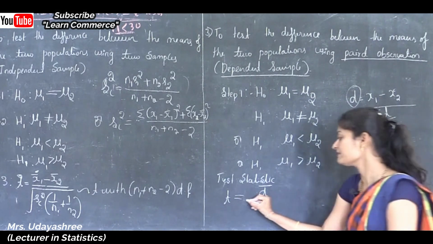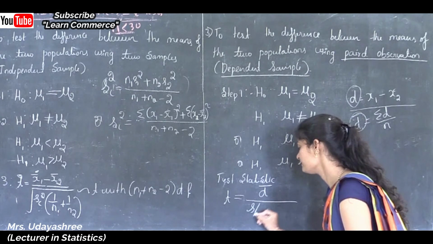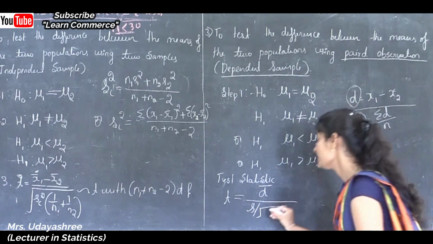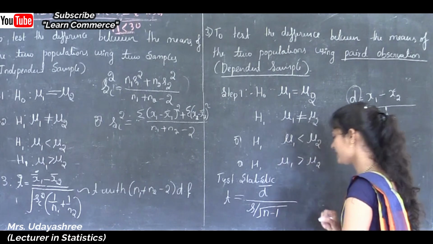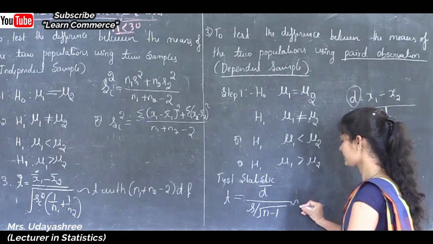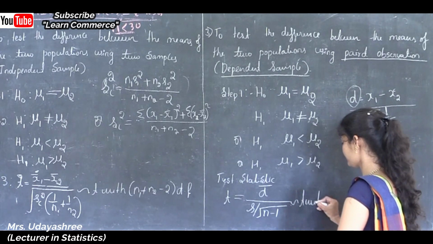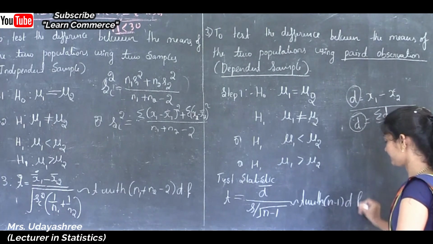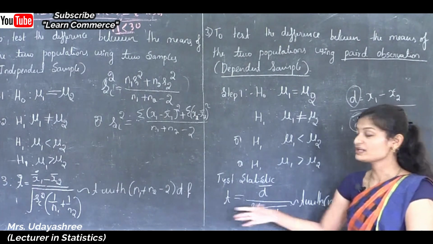So D bar divided by S divided by square root of n minus 1, since sample sizes are equal. It follows T with n minus 1 degrees of freedom. Then this is step 3. Then what is step 4?